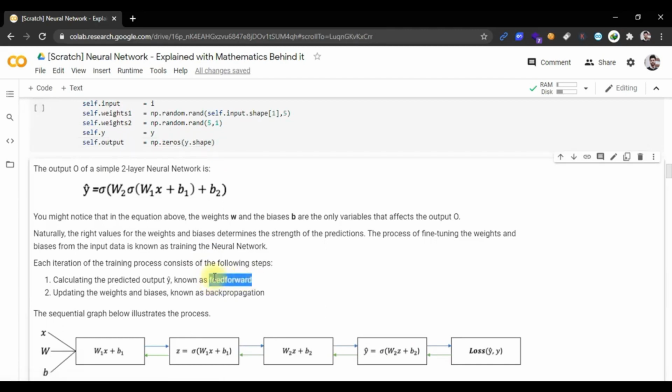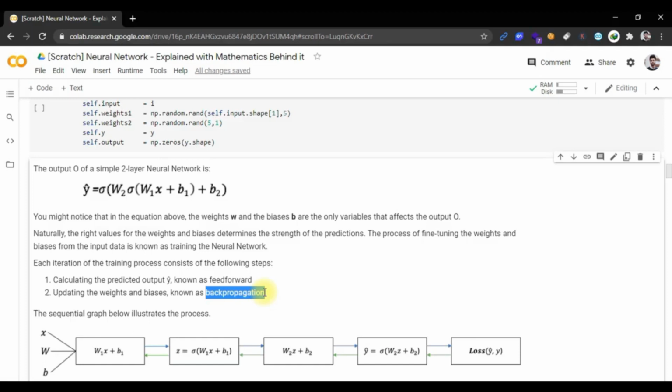So feed forward means you just keep calculating your predicted output y by using those weights and biases, and that's it. And the second process is back propagation. Back propagation happens when your loss is large. The loss is the difference between your actual value and your predicted value.